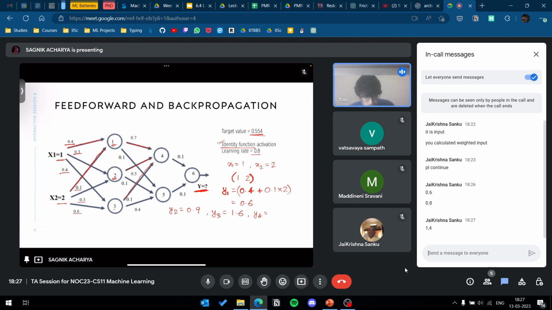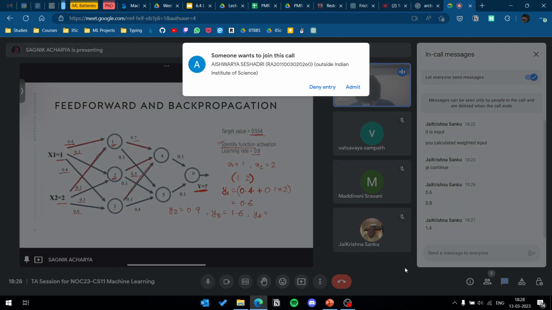If you had something else, then we'd have to put it through that function, but here we don't have to do that. So for y4, it will be this weight times y1, this weight times y2, and this weight times y3.